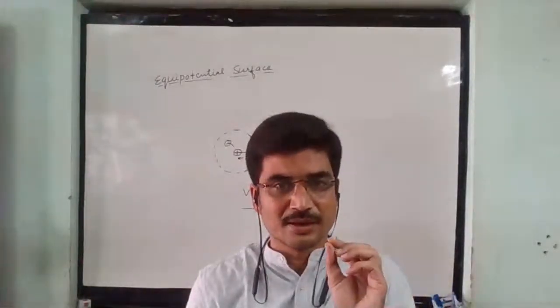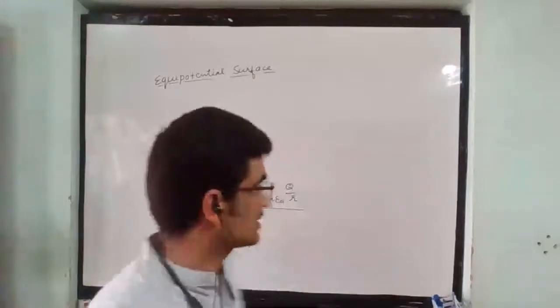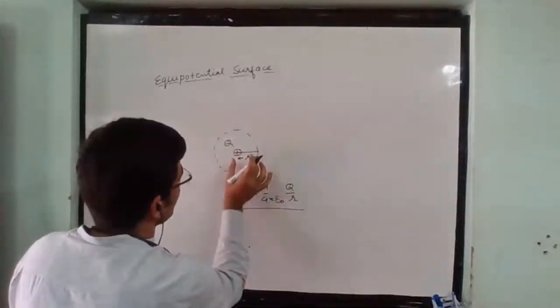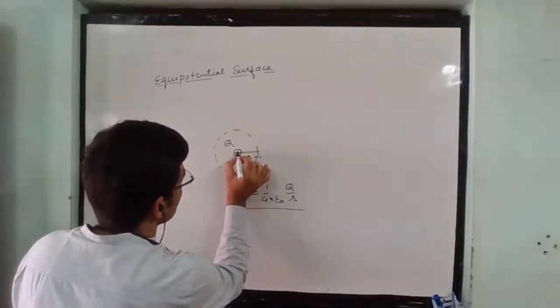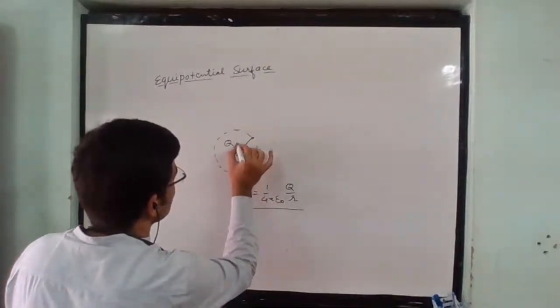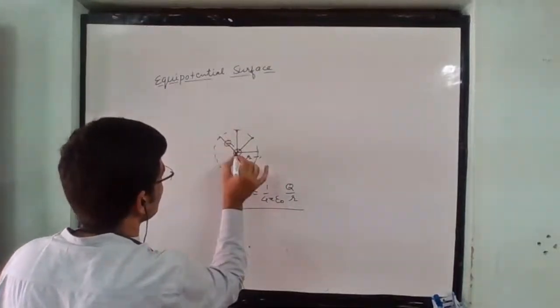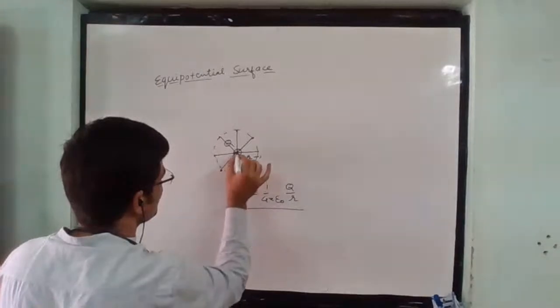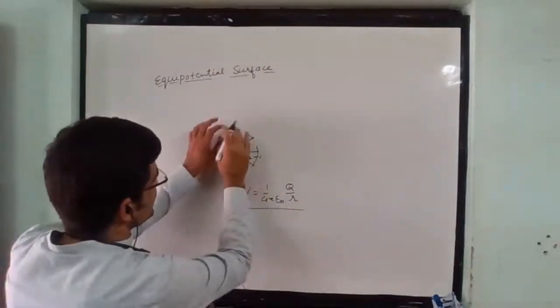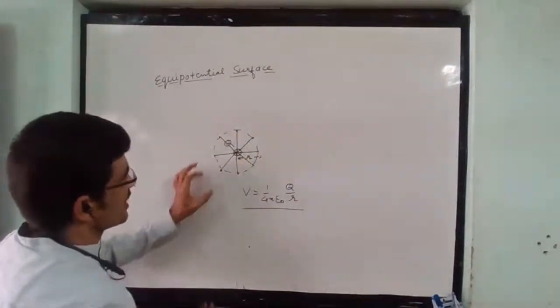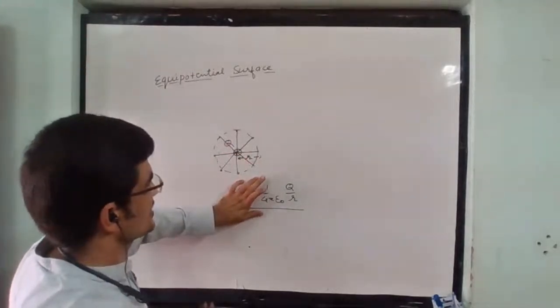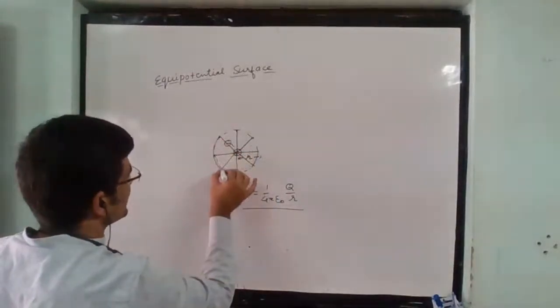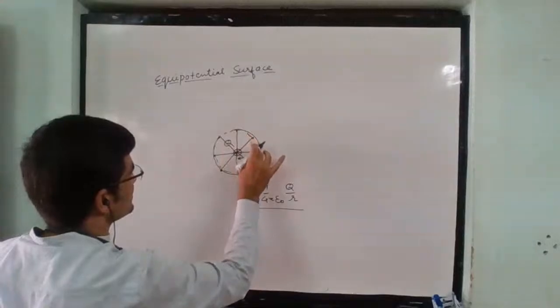That is the point where the potential is this. When you see r is same here, r is same here, r is same here, so all these points where the r is same, we have the same potential. So when you join these points, we get an equipotential surface.